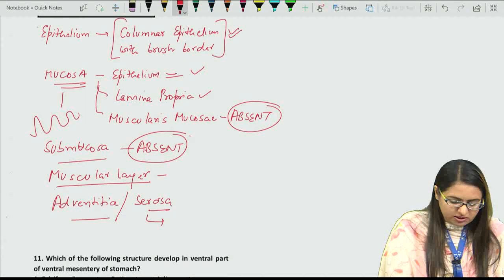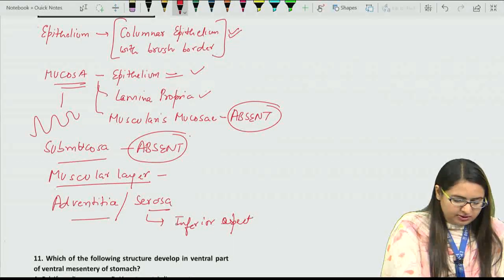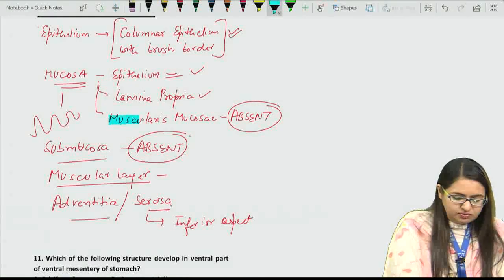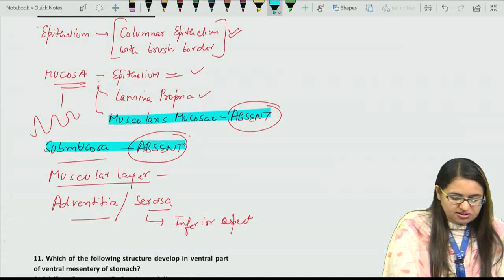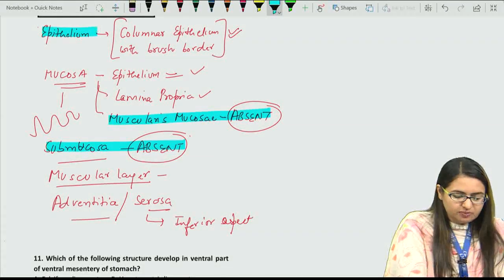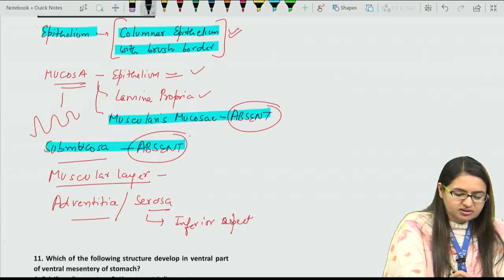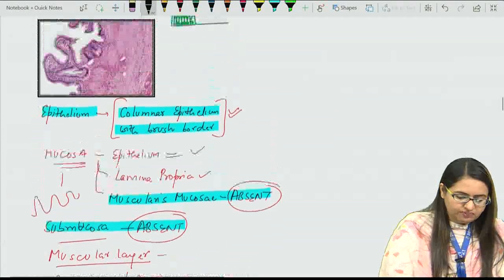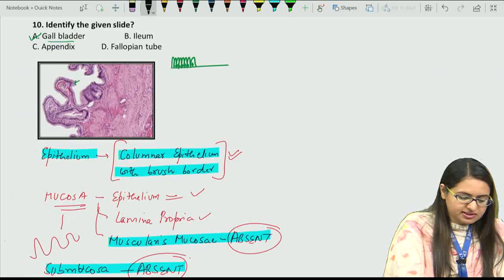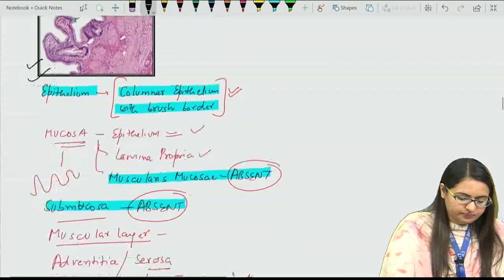The serosa layer is present towards the inferior aspect, and the rest of the gallbladder is covered by the adventitia. So in this we can see that the muscularis mucosa is absent, the submucosa is absent, and the specific epithelium which is present is columnar epithelium with the brush border. These are the characteristic features of the gallbladder, and this slide is for the gallbladder.